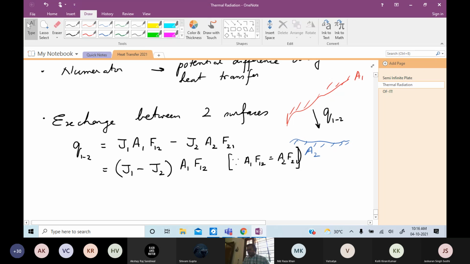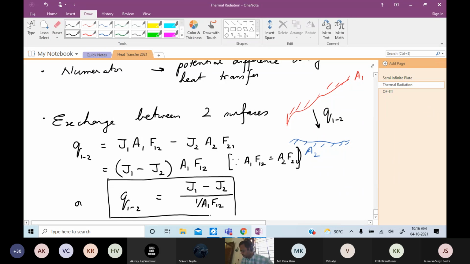Or Q1 to 2 is therefore J1 minus J2 divided by 1 divided by A1 F12. Look at this expression again. Similar expression.